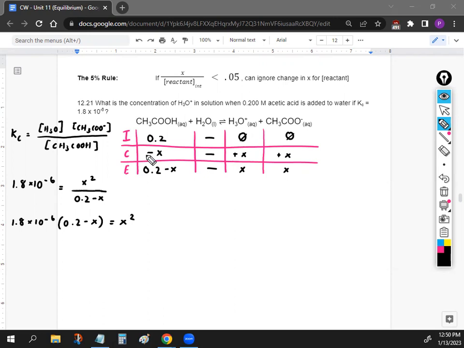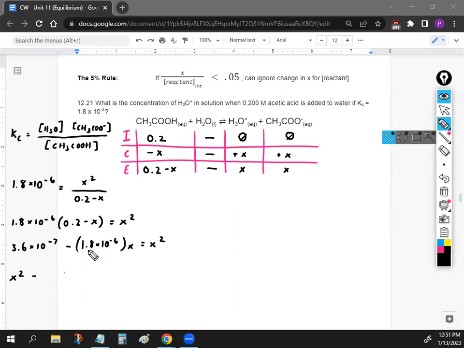Okay, next we're just going to distribute this value to the other one. So we get 3.6 times 10 to the negative 7 minus 1.8 times 10 to the negative 6x equals x squared. Then we move everything over to one side so we can set up a quadratic. So we have x squared, oh wait, oops, wrong one, my bad.